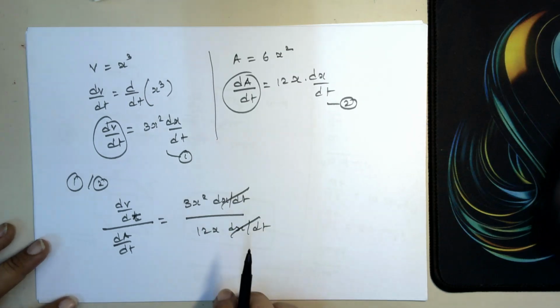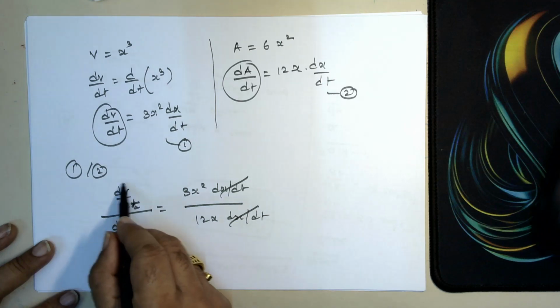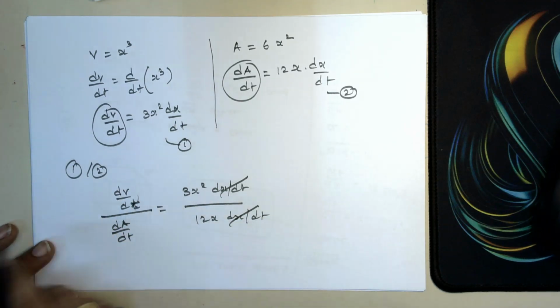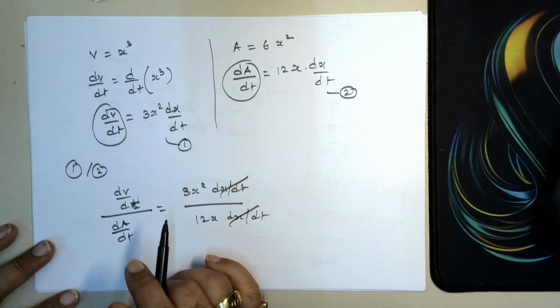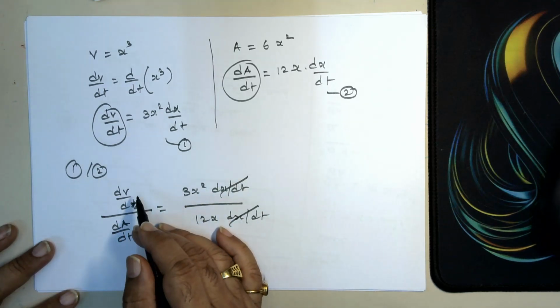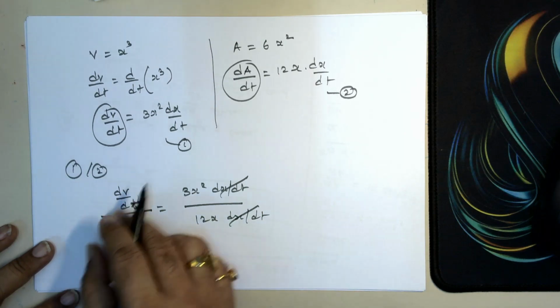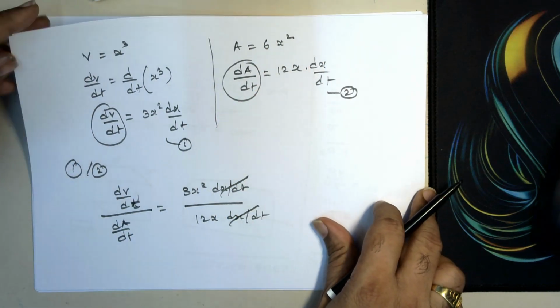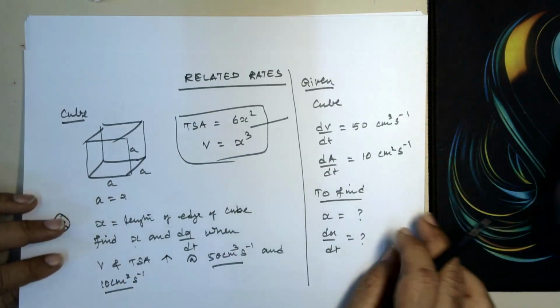So the dx by dt can be cancelled. And what about dt? You should not immediately strike out dt, we will commit some error. Why? Because we have got the value of dV by dt. So you can substitute this value.